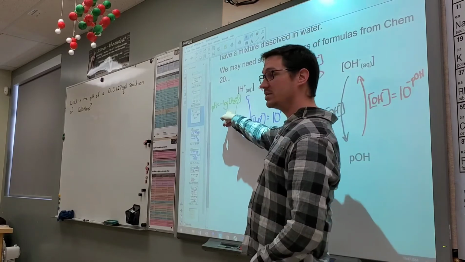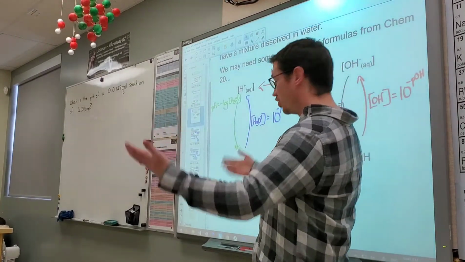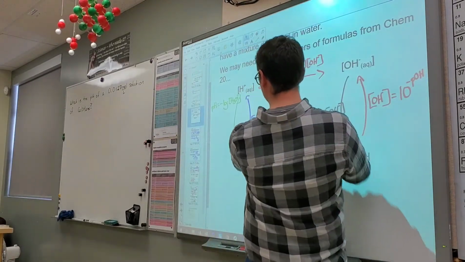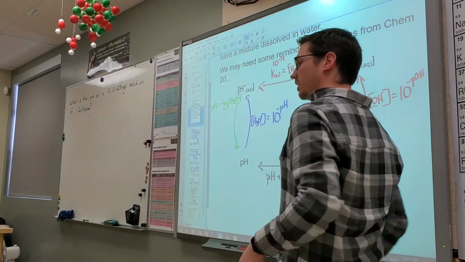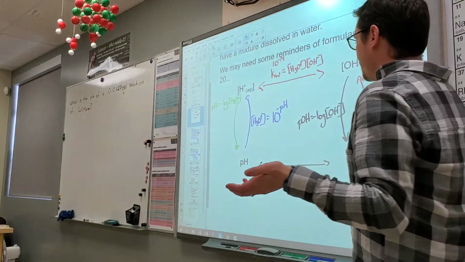Logarithms and powers. If I took the log of this thing, the pH will pop down, and I just need to stick a negative sign to cancel the negatives. So they're just rearranged versions of each other.